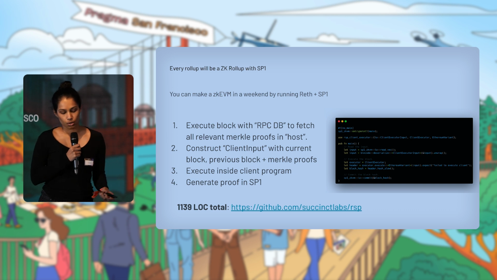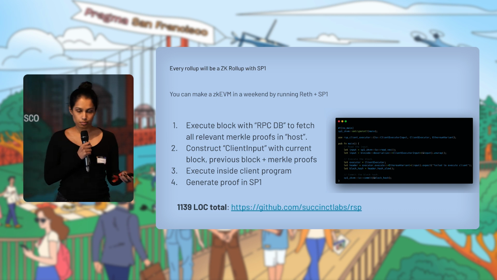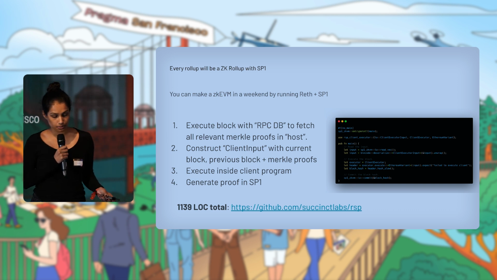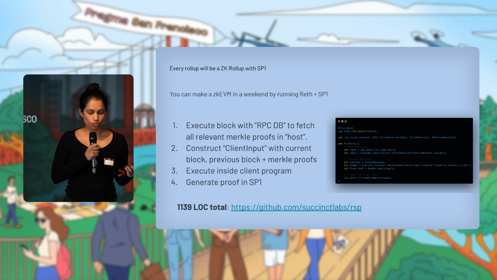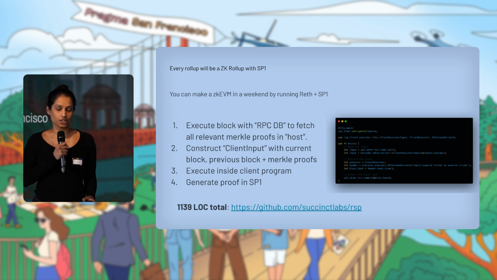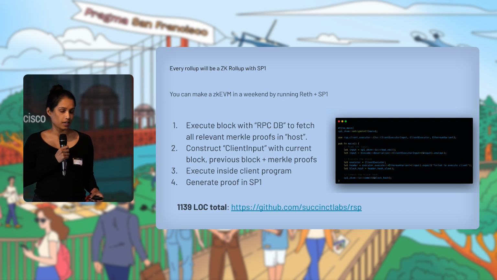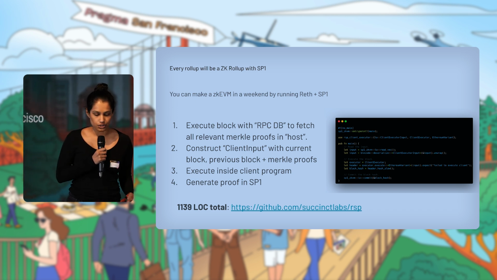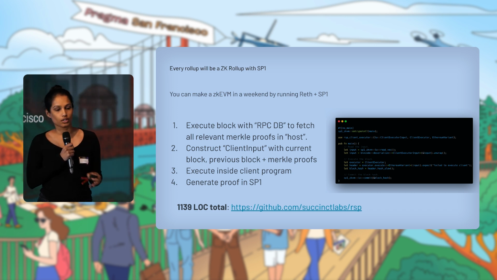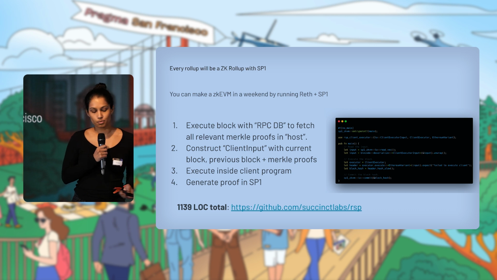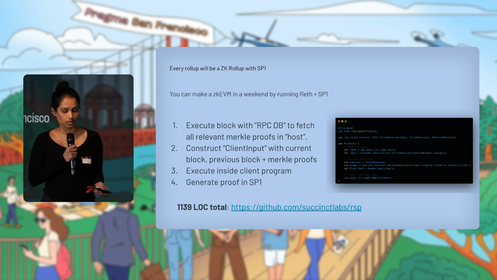And there's the actual program that implements a ZK EVM in SP1. In 1,100 lines of code, which is actually a very small amount, you're able to make a full ZK EVM that verifies Ethereum blocks and Ethereum transactions using SP1 plus the Rust implementation of Ethereum in a weekend. So that's pretty awesome, and that's something we put out there.